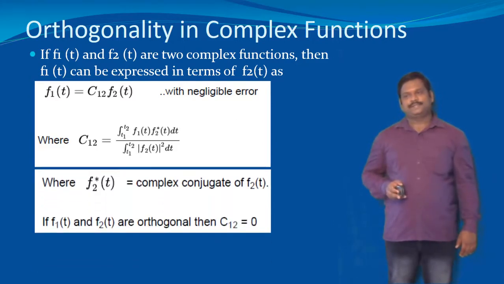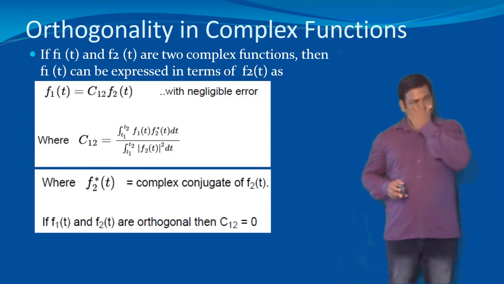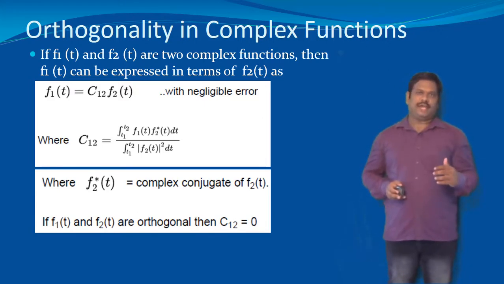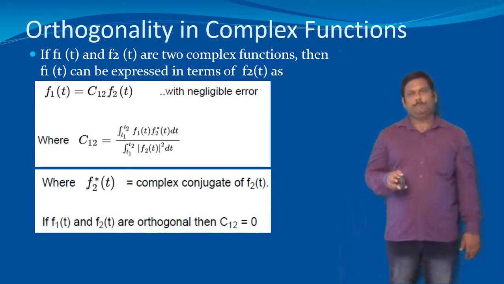Where the complex conjugate of the second function is included, the component will be calculated for the complex functions. That is, c12 is equal to the integral of t1 to t2 of f1 of t, f2 star of t dt, and in the denominator the integral of f2 square of t dt will be calculated. If these two functions are orthogonal, then c12 will be 0.